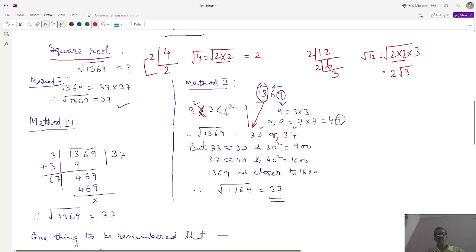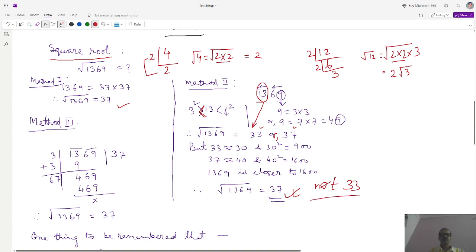Here we are seeing that 1369 is nearer to 1600, right? So as 1369 is closer to 1600, the square root of 1369 equals 37, not 33.